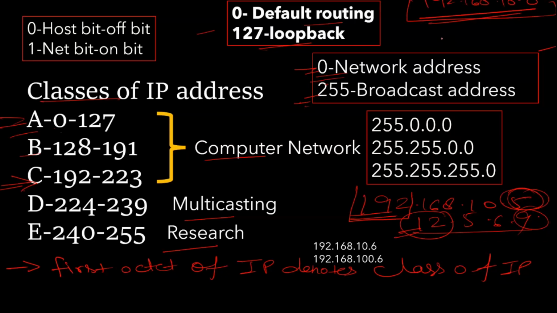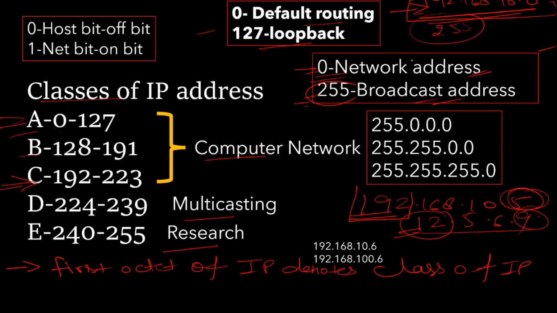It can be assigned on a router, because in a router we need to assign the network. So here you can assign this IP 192.168.10.0, but in your computer system you can't use 0 for the network ID, and 255 is also reserved for the broadcast. You can't use this IP also, broadcast, right?